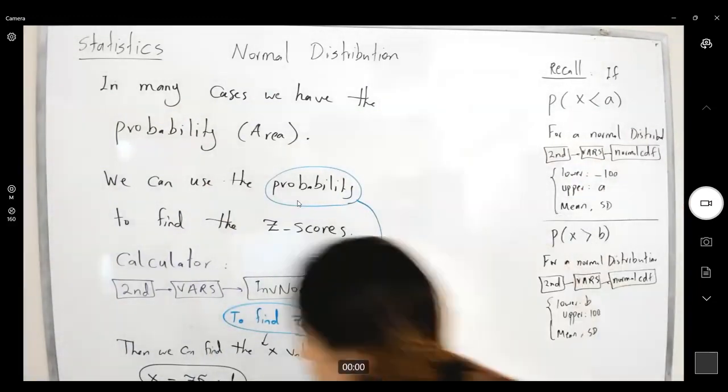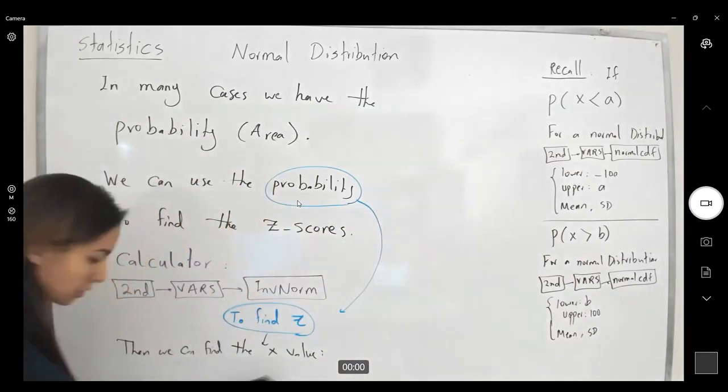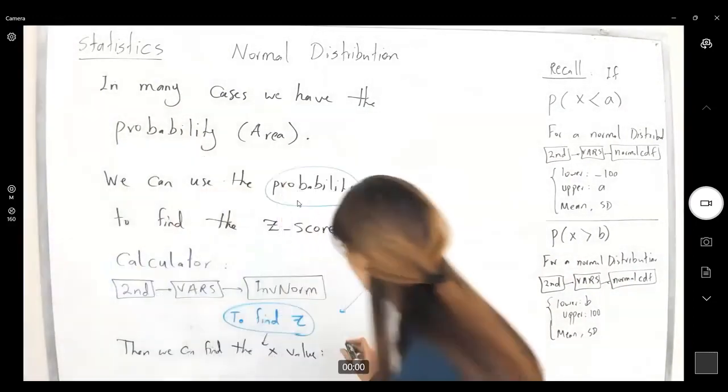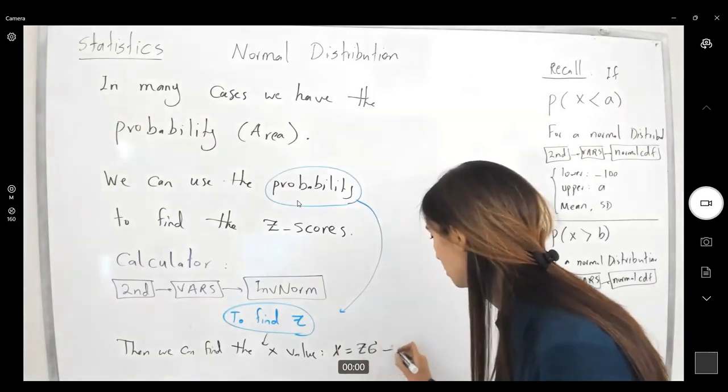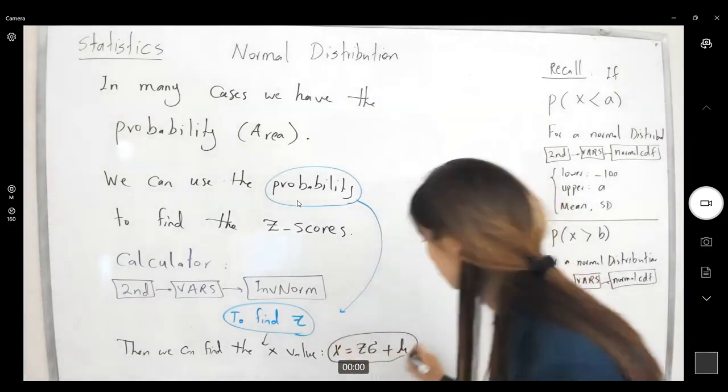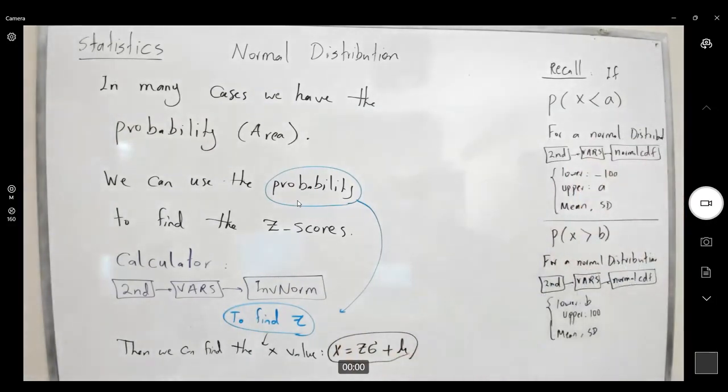Let me move this a little bit more. See this before. X is Z times sigma plus mu. Very good. Let's go to the board and see what do we have.